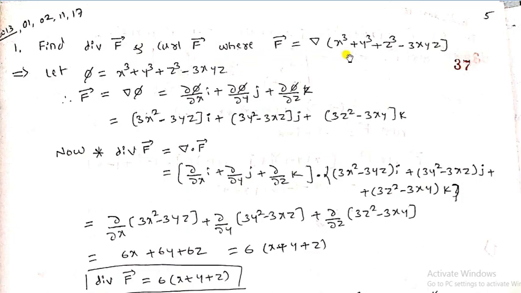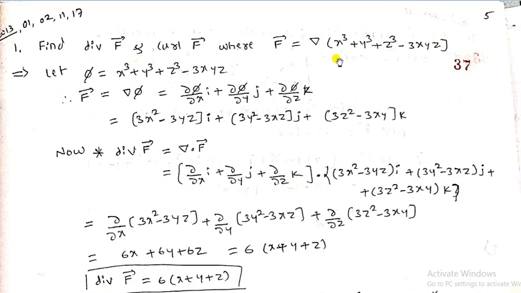del of x cube plus y cube plus z cube minus 3xyz. So we know that the formula for divergence of f is del dot f and curl of f is del cross f. First, divergence of f.